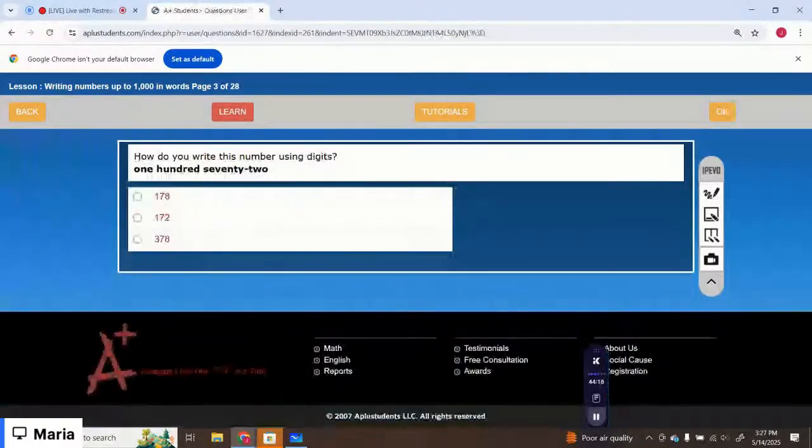How do you write this number using digits? 172. So which is the correct option?